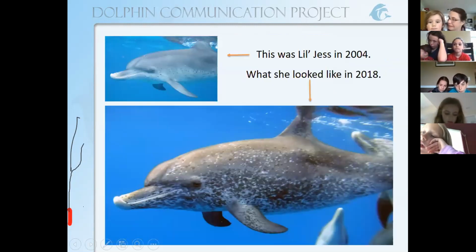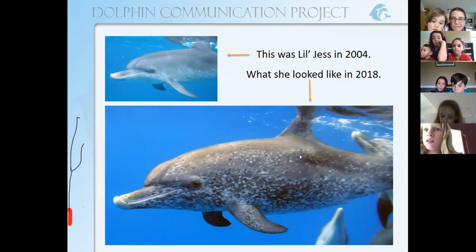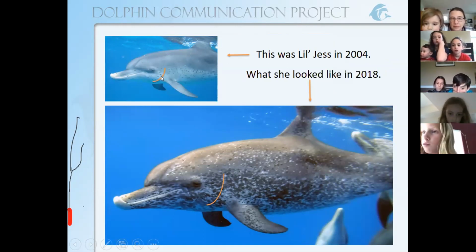So this top picture is the one that you've just looked at, and you can see little Jess in 2004. This is what she looked like in 2018. So she's gotten a lot more spots, but you can't make out that spot pattern. It's still there. It didn't disappear. It's under there somewhere.